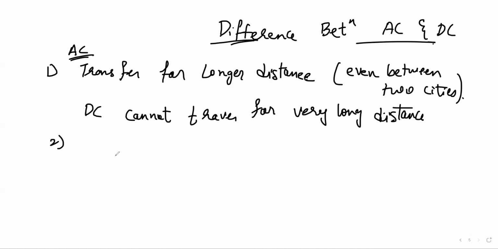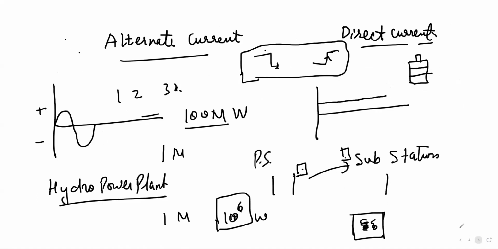So there are some more points, but they are not for 8th standard. They will be for a higher standard, but I can give you a small idea. AC has some frequency, but we're not going into that frequency part. As I showed you in the graph before, it goes up and down, so it is plus and minus.